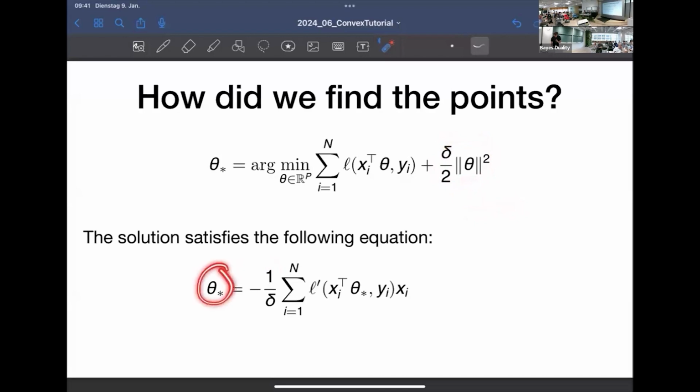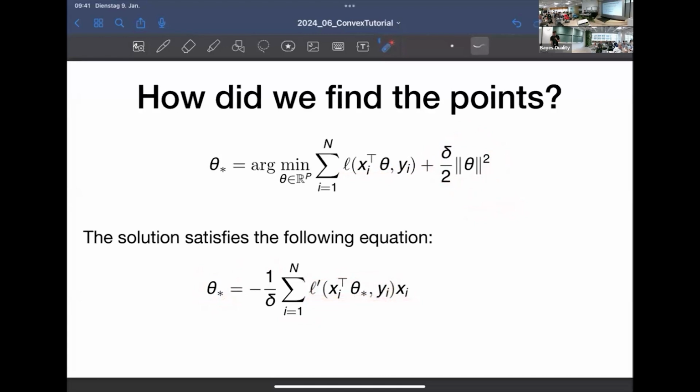So this theta star comes from the derivative of this one. And then I take the derivative of this, which is L prime of what's inside. And I have to use the chain rule. I differentiate this guy, I get xi, and I have the sum. So we know that our optimal solution is actually composed as the sum of many derivatives times the data points.